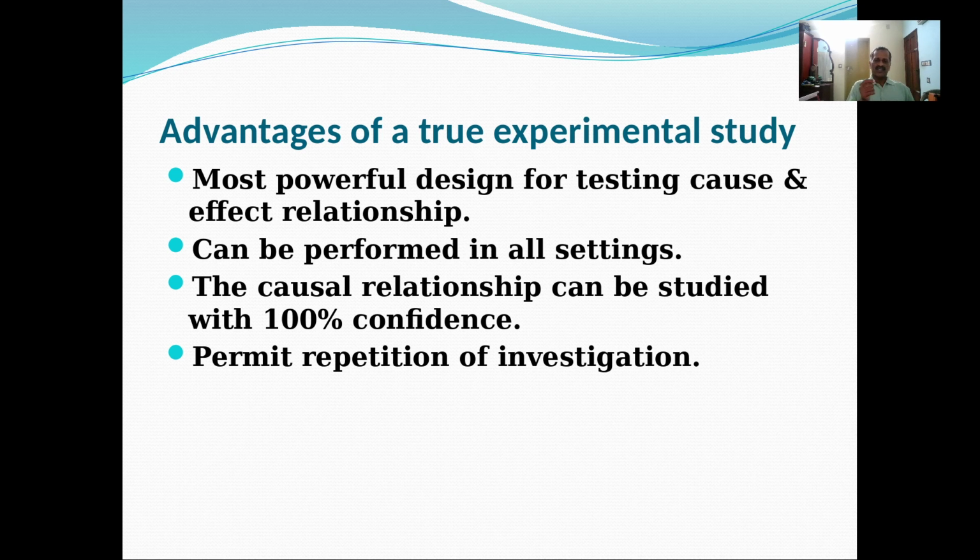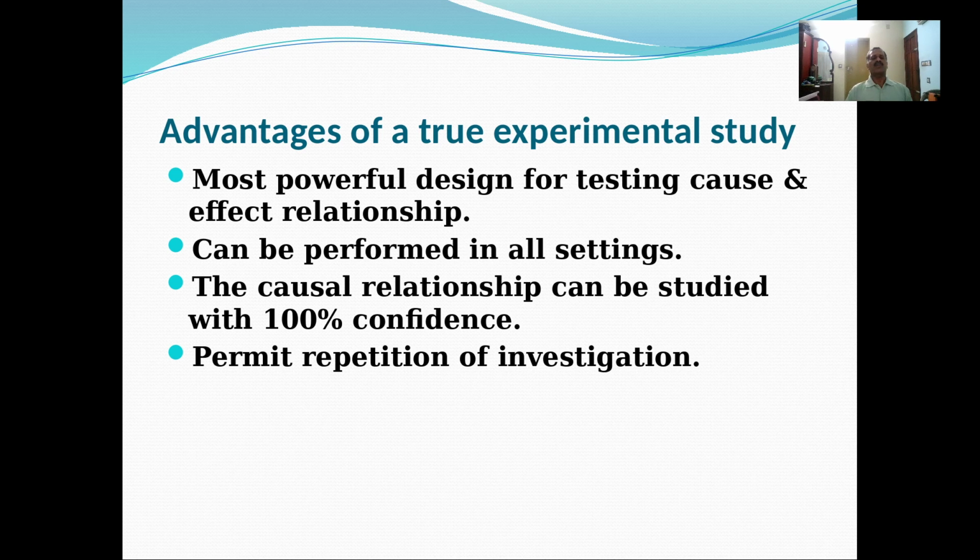If we repeat the same study in similar subjects, we will get the same result. There will not be any change at all because the replication is 100% for this type of study, because it is a true experimental study. So these are the advantages.